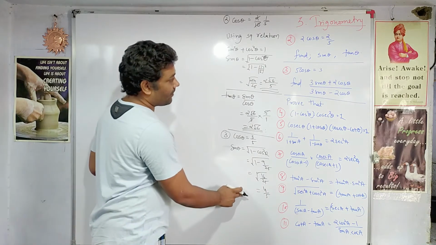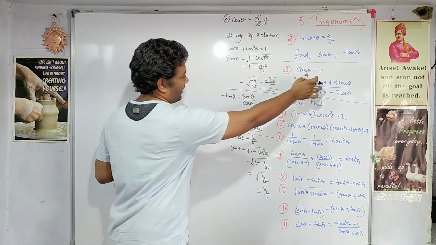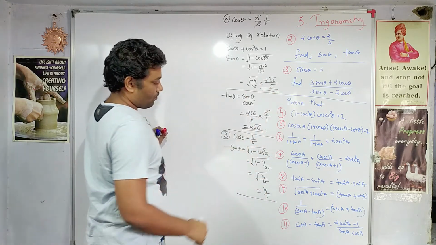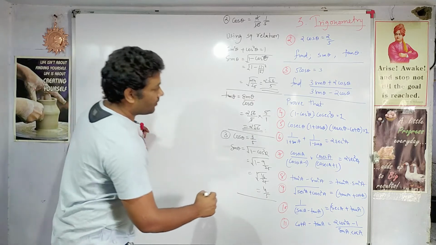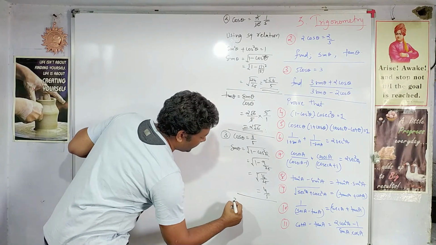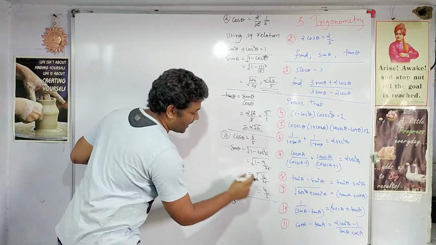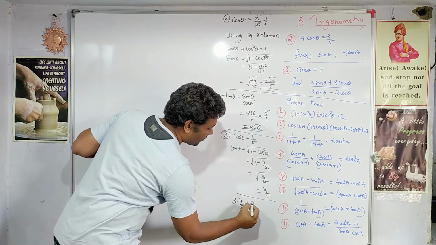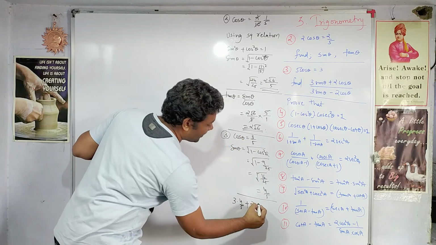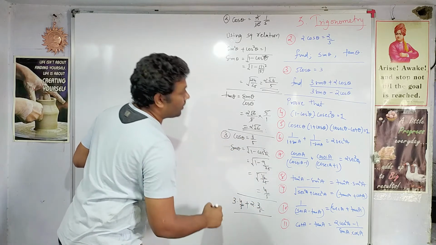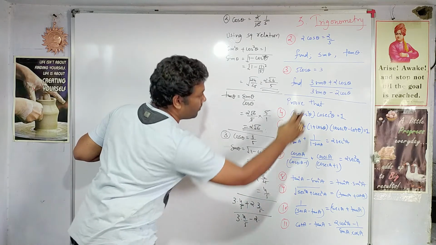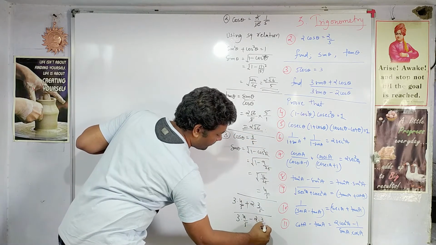So we have the value of sin theta and cos theta, only two things we need. Now let us use them in that substitution. So 3 into, what is the sin theta? Sin theta is 4 by 5, plus 2 into cos theta. Cos theta is 3 by 5, upon 3 sin theta minus 2 cos theta.